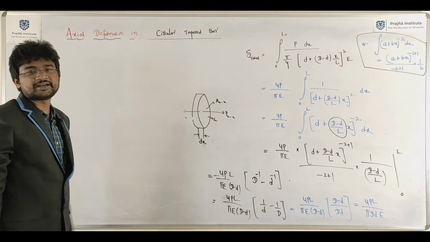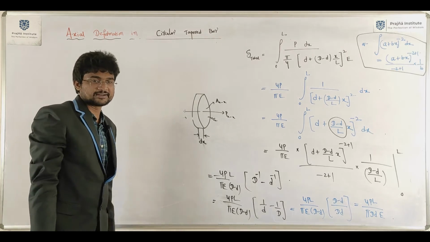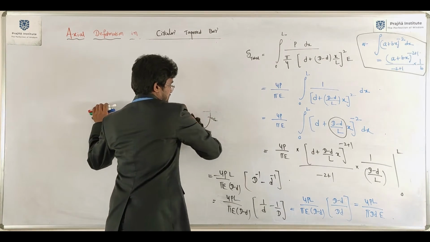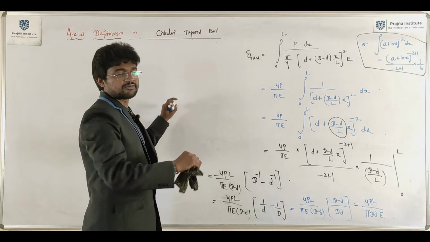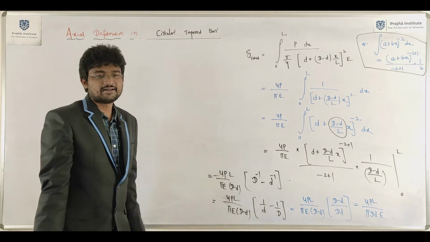Actually, it is an important derivation for engineering services examination, conventional part. Actually, we can do one thing. We can combine all derivations and we will keep them at one place. That is better.